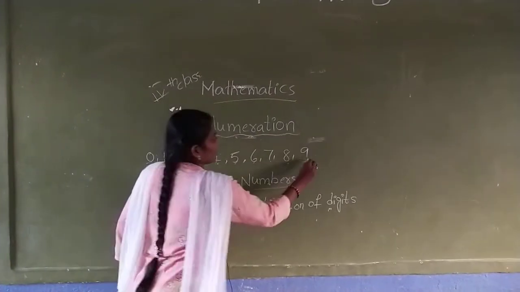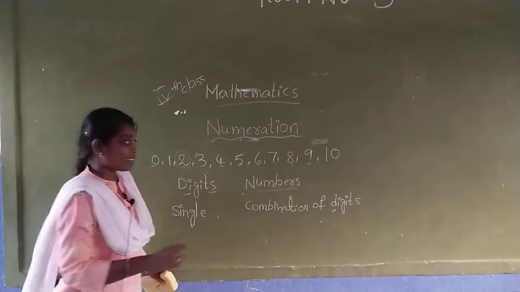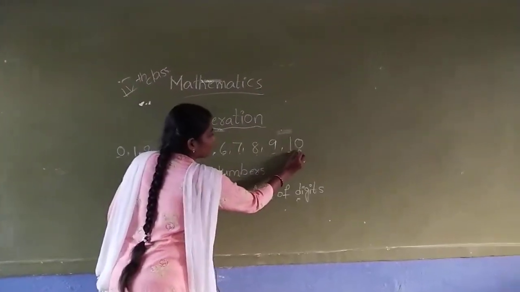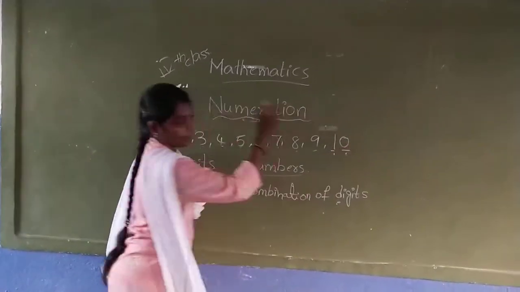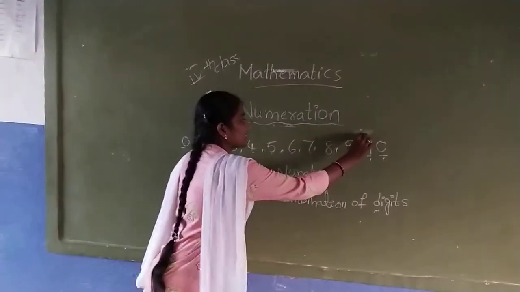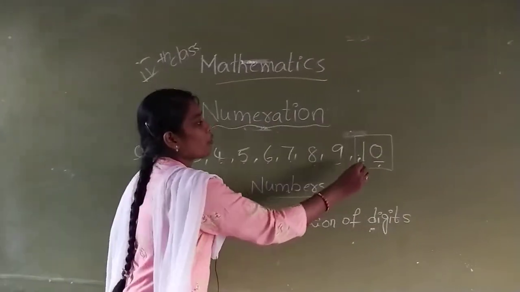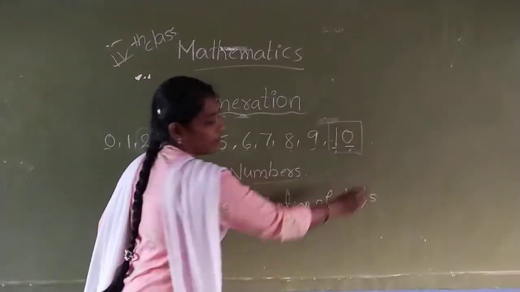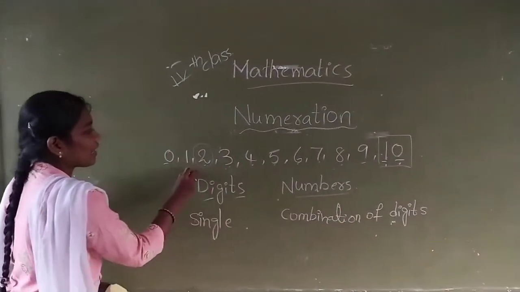For example, after 9, we have 10. In this 10, we have two digits. That is, one is 0, another one is 1. So this number has two digits. The combination of 1 and 0 is 10. So this is called a number and these are called digits.